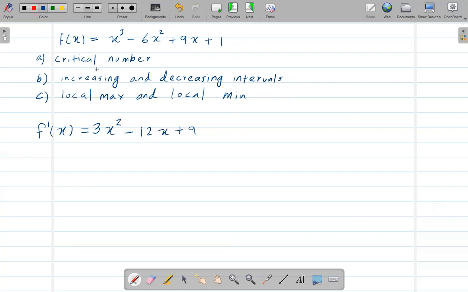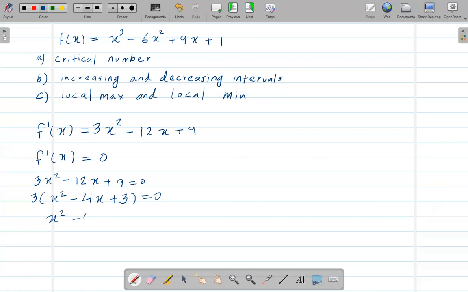Now, to find the critical numbers, we need to set this equal to 0, which means 3x squared minus 12x plus 9 equals 0. There is a common factor of 3, so I can factor that out, or just divide 3 on both sides.